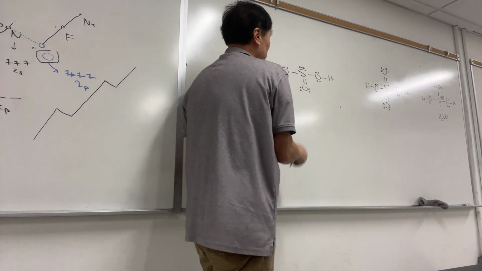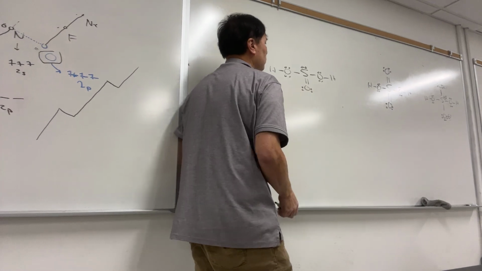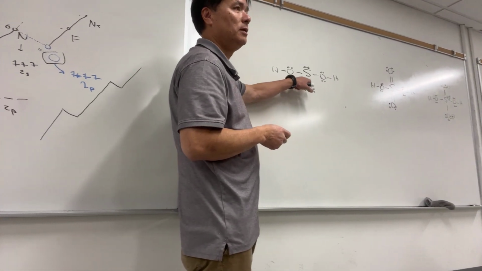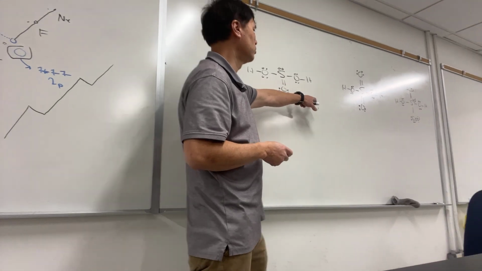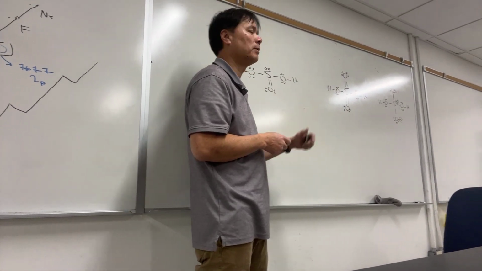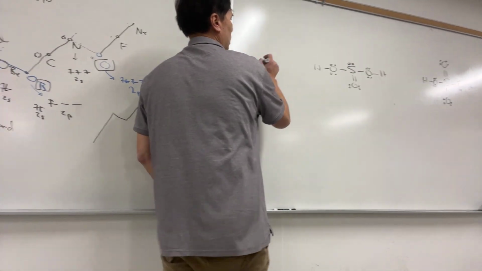So we end up with around sulfur 1, 2, 3, 4, 5, 6. But we had to expand the octet by doing 1 pd pi bond here versus 2 pd pi bonds over here. Maybe this is okay, 1 pd pi bond. Or we don't bother expanding the octet.